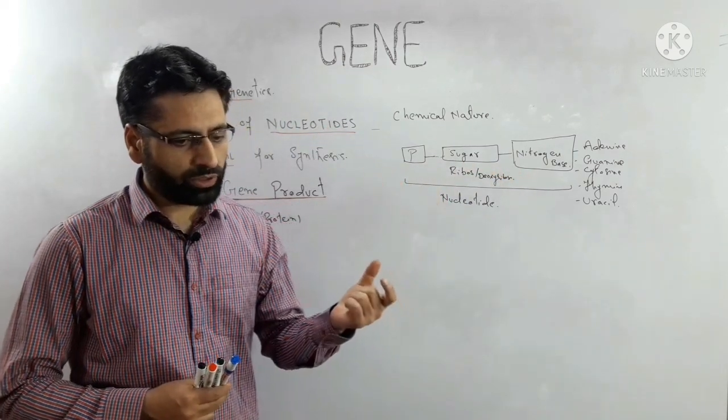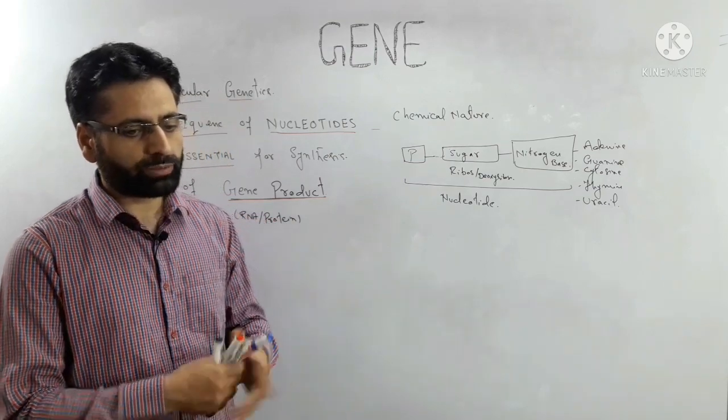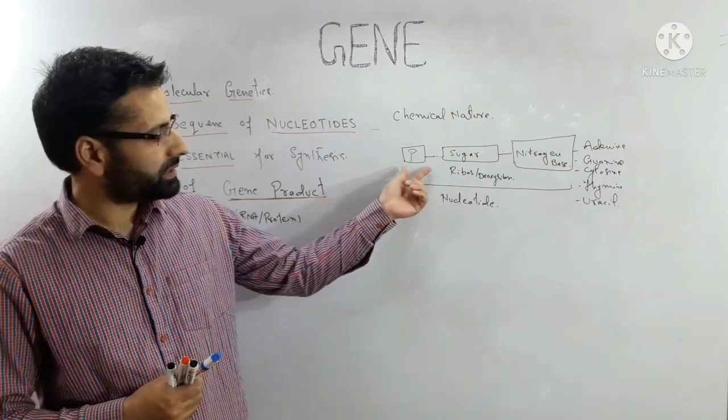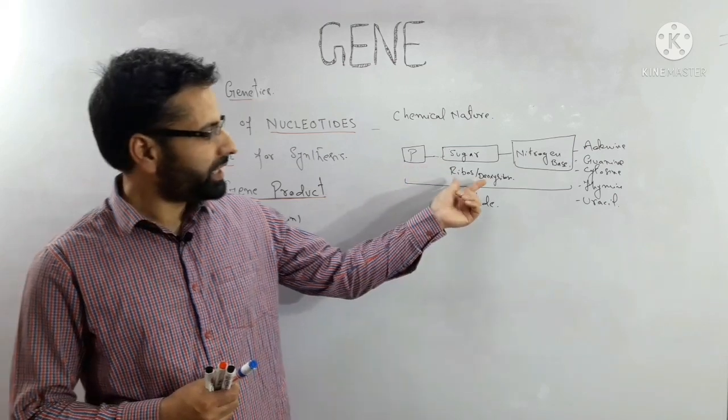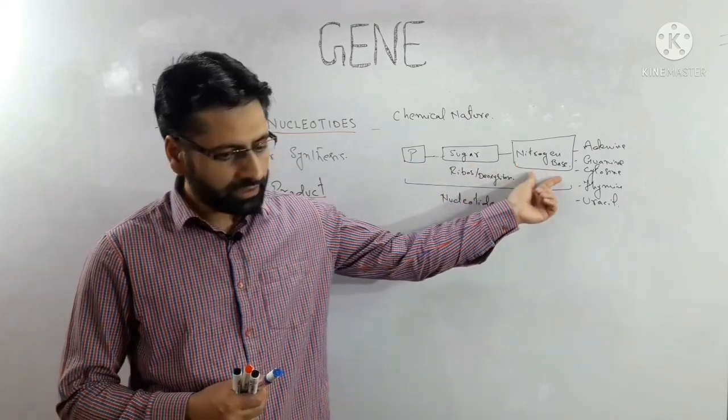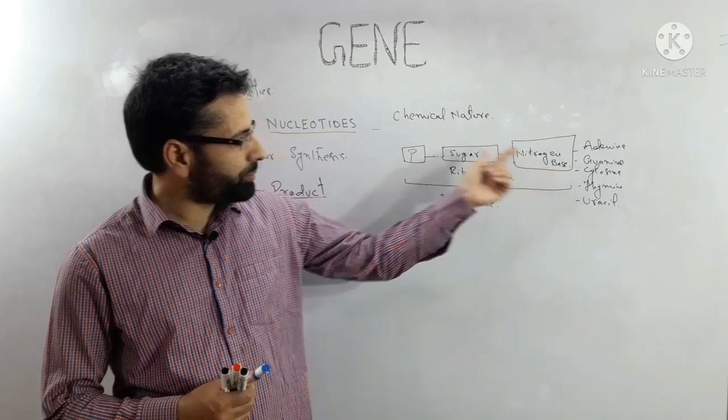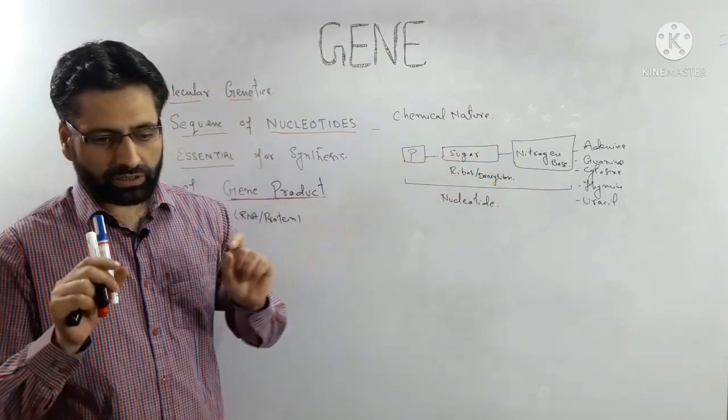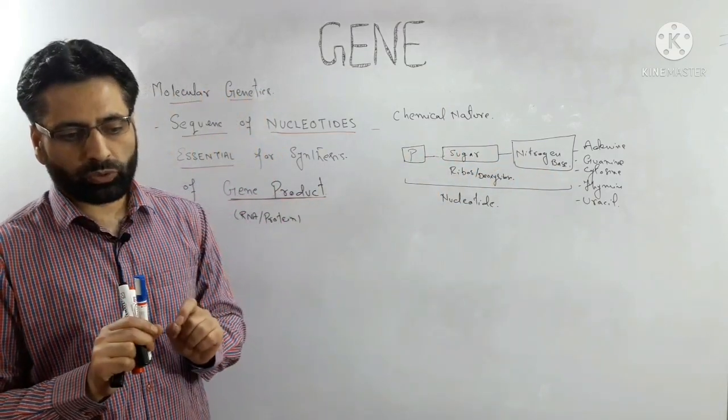A single molecule of the nucleotide is basically composed of three molecules: one is the phosphate group, then the sugar, then the nitrogen base. Nitrogen base plus sugar plus phosphate forms one nucleotide molecule.